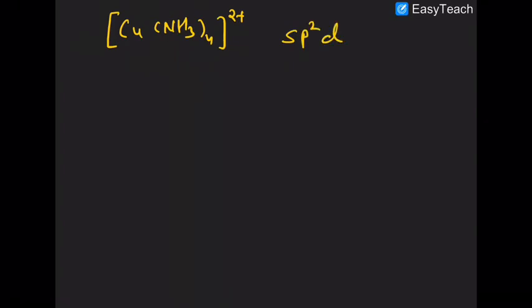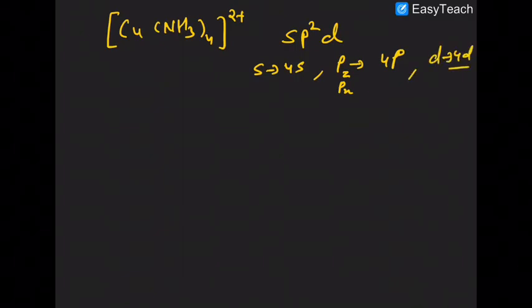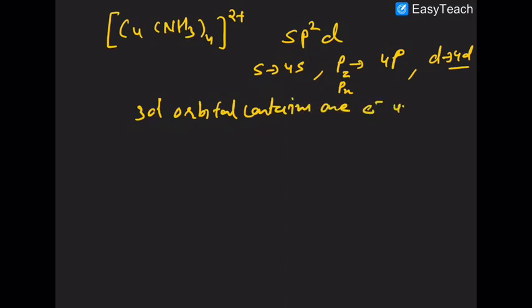In this case, the s orbital belongs to 4s, the 2 p orbitals belong to 4p, and the d belongs to 4d. The 3d orbital contains one unpaired electron. That is a very unique configuration.